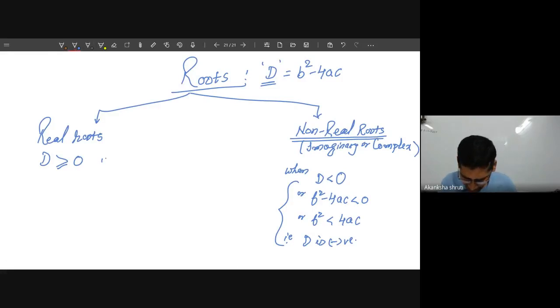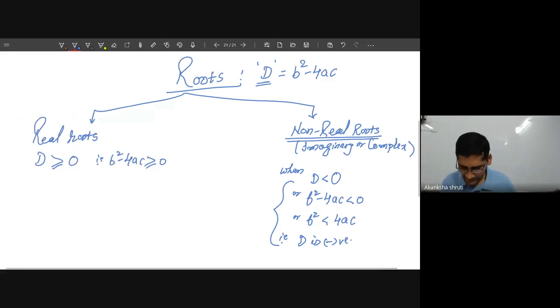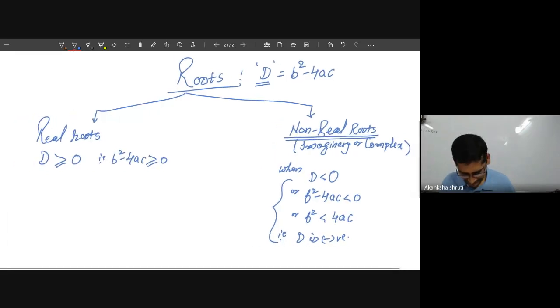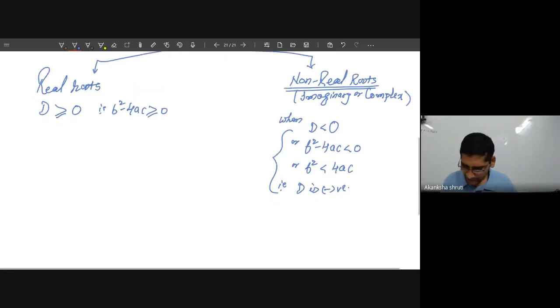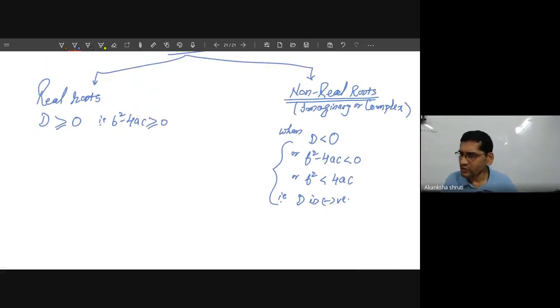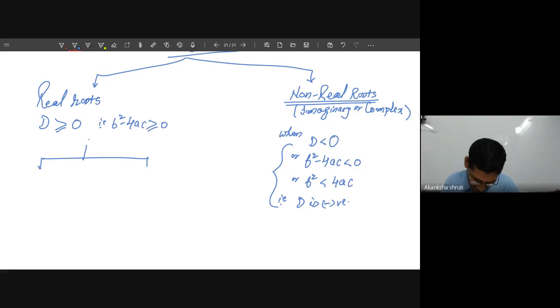That is, you have to calculate this b square minus 4ac. If this is greater or equal to 0, then it will have a real root. Now again the condition is that it may be equal to 0 or may be greater than 0. So I'm going to divide it into two.